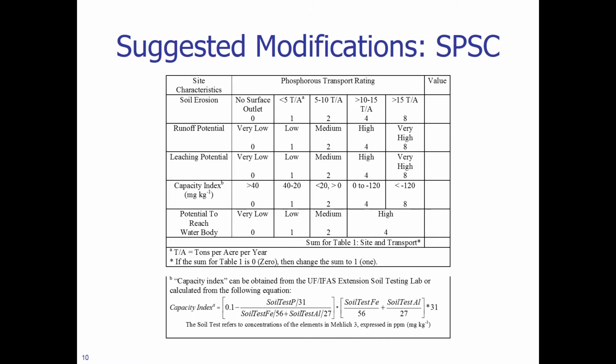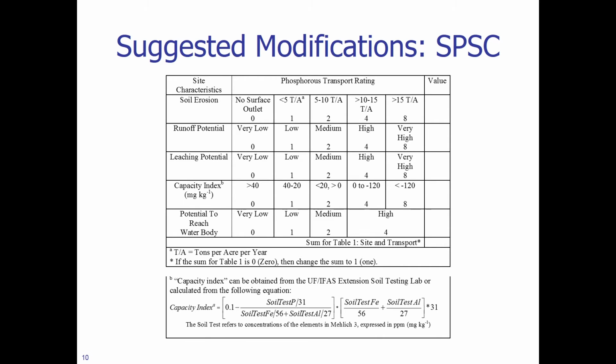What you would notice is it is given a rating of 0 when the capacity index is greater than 40, and 1 when it is between 40 and 20, 2 when it is less than 20 and greater than 0, and 4 when it's between 0 and negative 120, and 8 when it is less than negative 120.